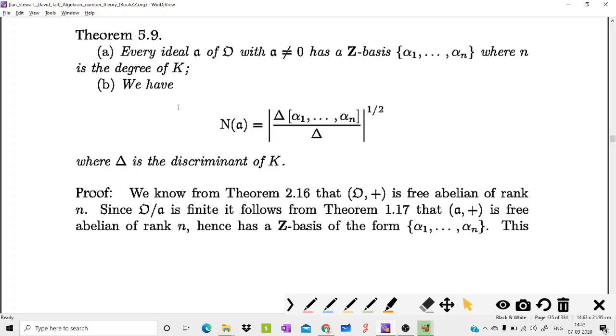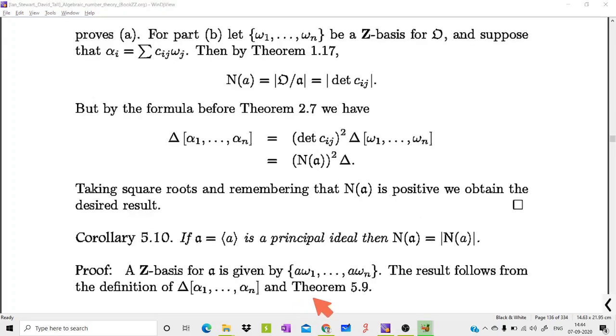Now we can prove part B. For part B, we assume a basis for O, and we have already seen that alpha 1, alpha 2, ..., alpha n is a basis for A. We take W1, ..., Wn as a basis for O as well.